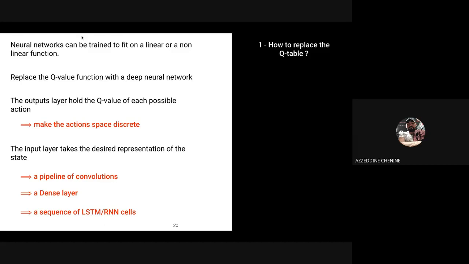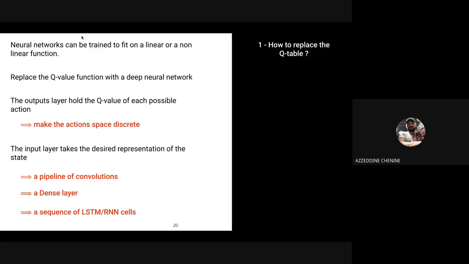We can use a pipeline of convolutions or dense layers, for example, or a sequence of LSTM or RNN cells in order to represent our state. So these input layers will be the representation of our state. We don't care how it will be represented. It is for the input layer to do it.